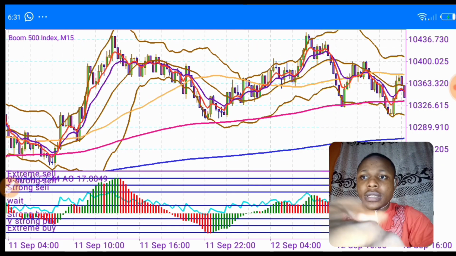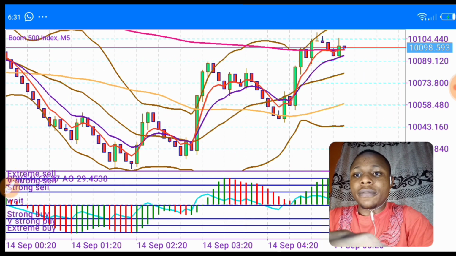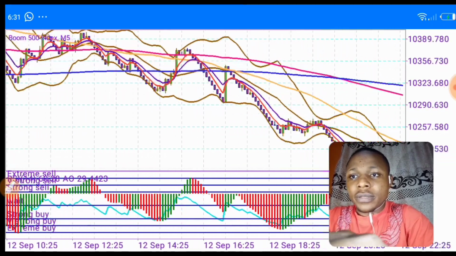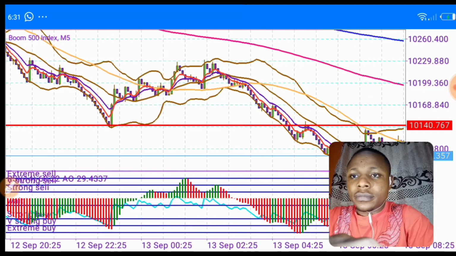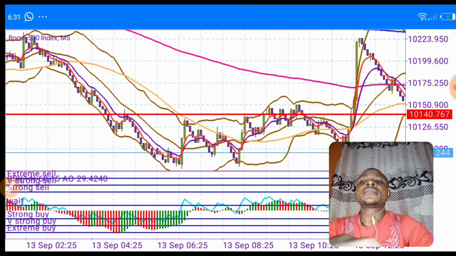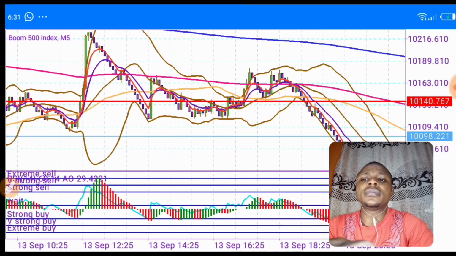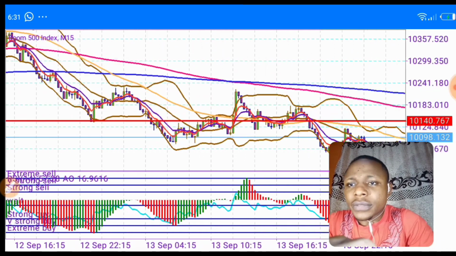So this is an example of a double bottom. Let's switch to the 5 minute time frame. It will be clearer on 5 minutes. Okay. This is not a good example. Let me move back to that 15 minutes.